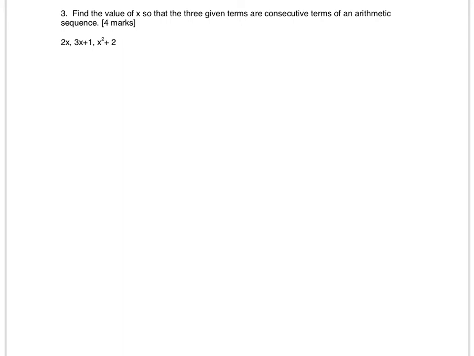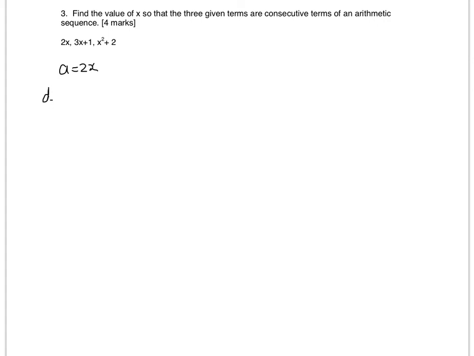The next tips question says, find the value of x so that the three given numbers are consecutive terms of an arithmetic sequence. Since this is an arithmetic sequence, I know that a is 2x. That's the first term. Also, by definition, since this is an arithmetic sequence, the common difference is the difference between every term and the previous term.